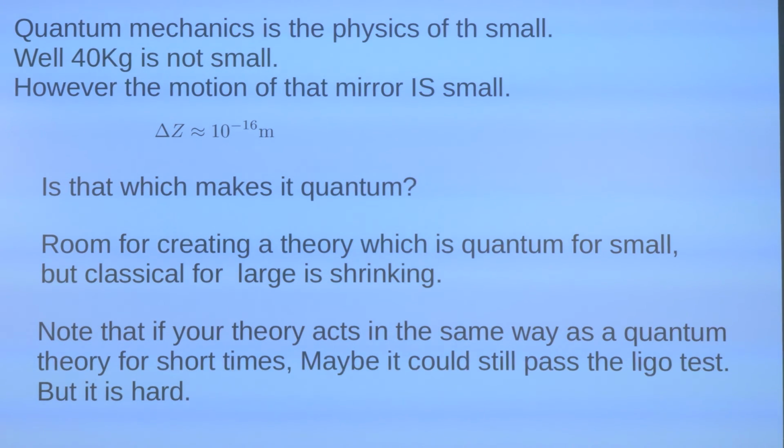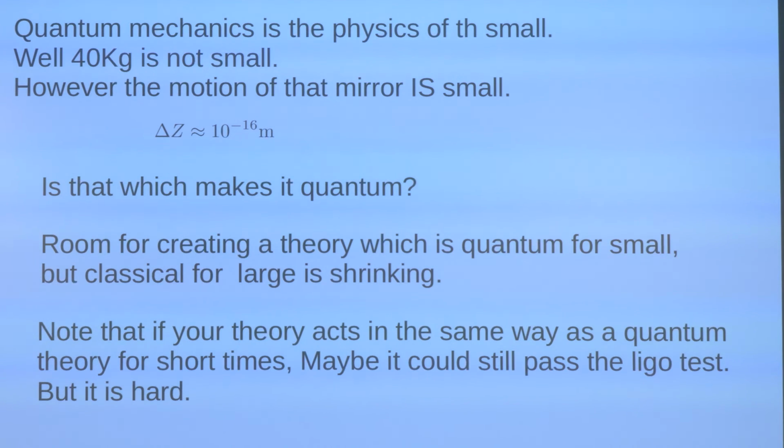Now, if your theory acts in the same way as quantum theory does over short time scales, so that this mirror is able to transmit these fluctuation forces and produce the phase shifts in the reflected light on the time scale over which it's acting like it's quantum, then this argument, of course, says nothing.